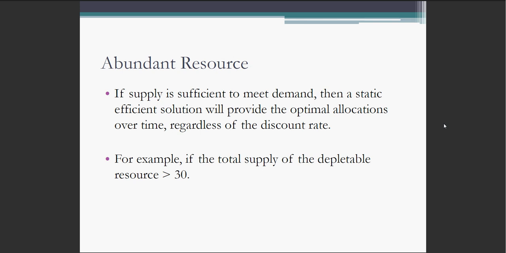This allocation is only optimal for abundant resources. If the resource is plentiful, then static efficiency criteria can hold true, regardless of the discount rate between the two generations. In this case, a resource would be considered abundant if the quantity was greater than or equal to 30.